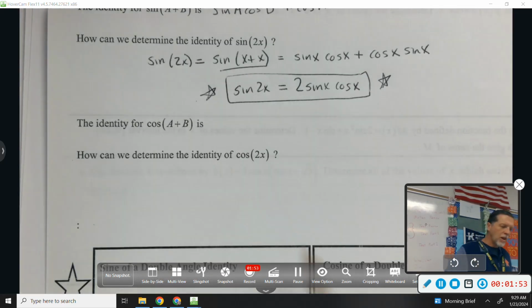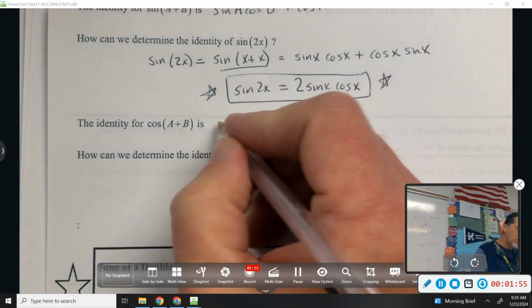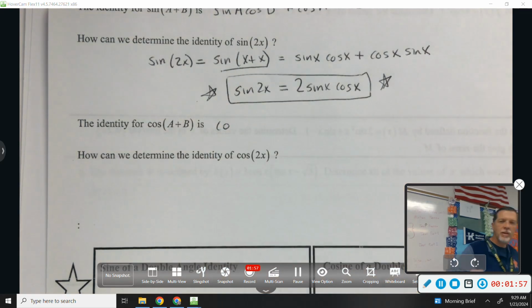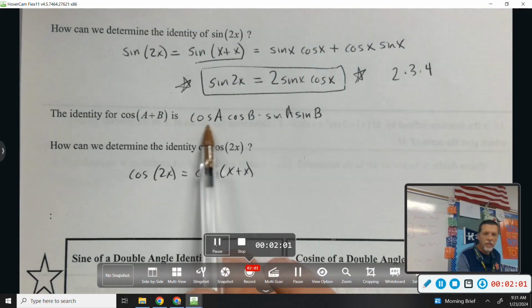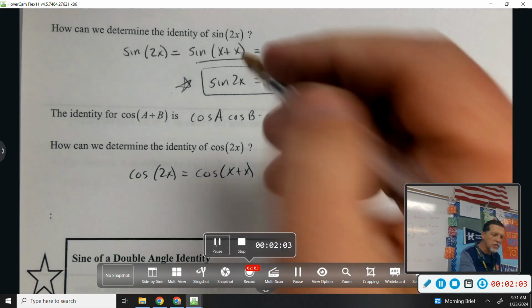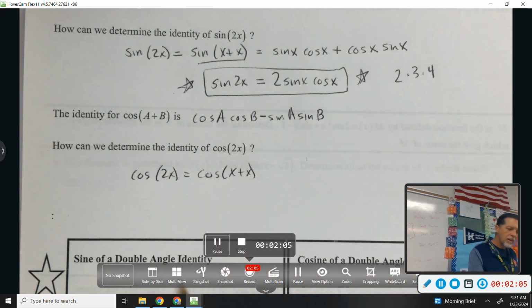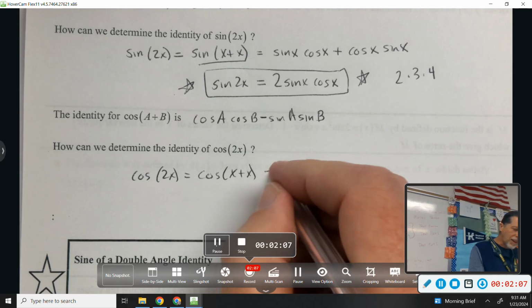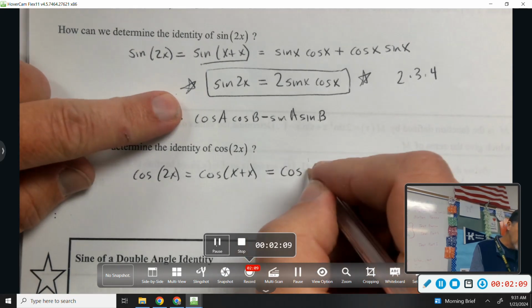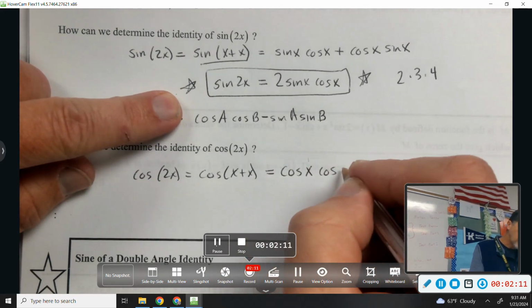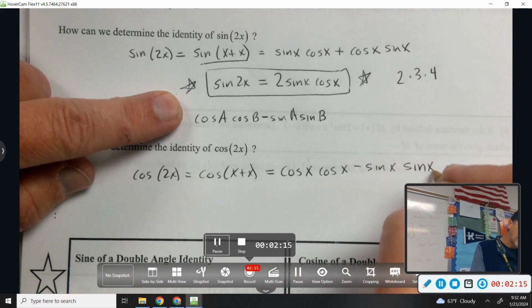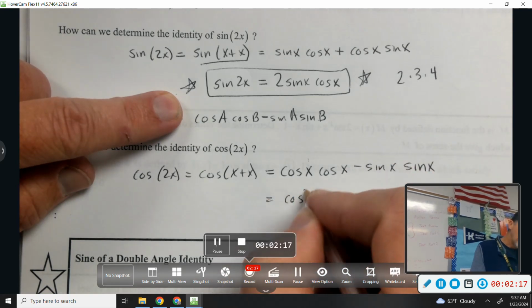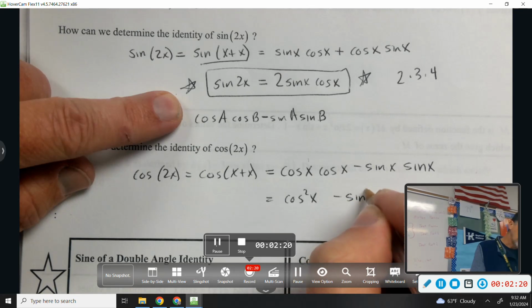Why don't you do the same thing for cosine? I'm going to hit pause. So there's the formula for the cosine of a sum. Remember, it's got a minus in there. I can rewrite 2x as x plus x, and then I can use my formula: cosine x cosine x minus sine x sine x, so cosine squared minus sine squared.